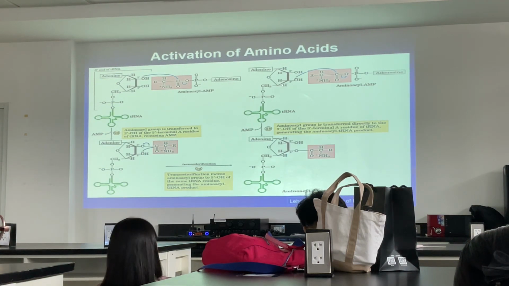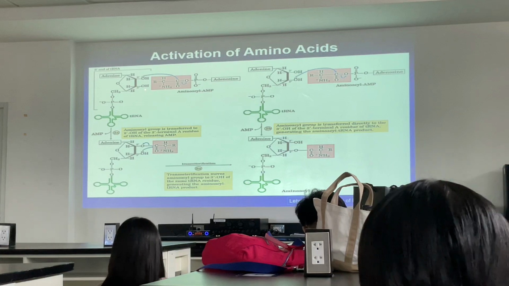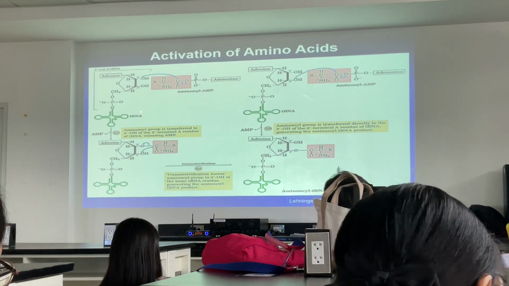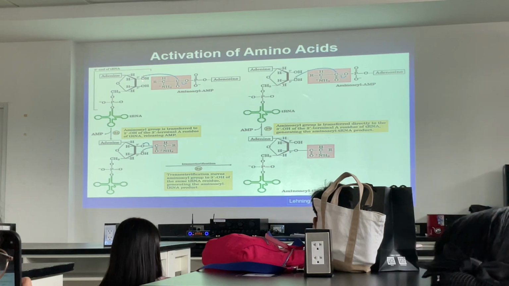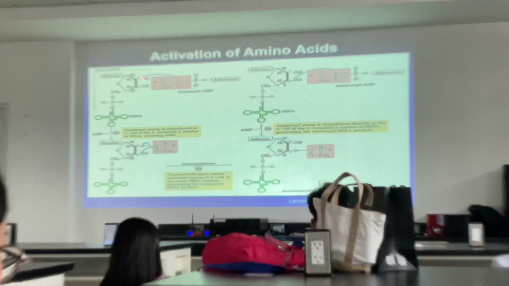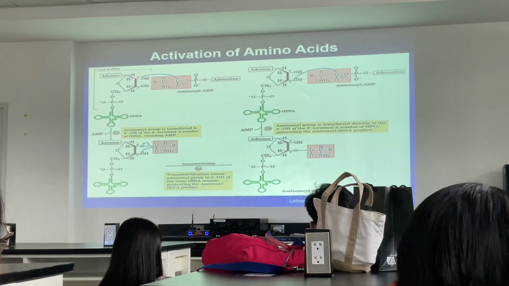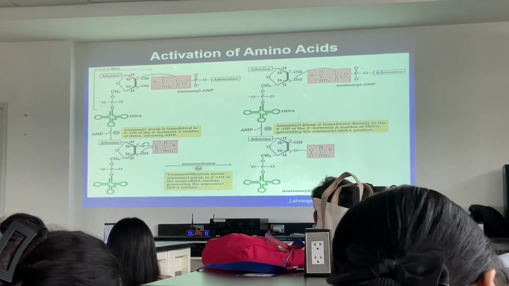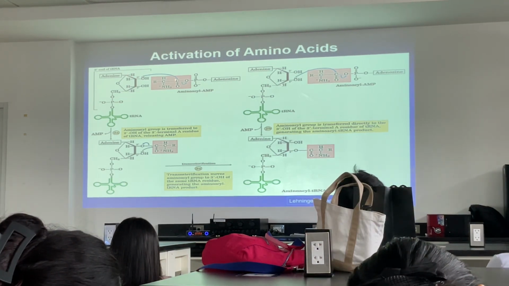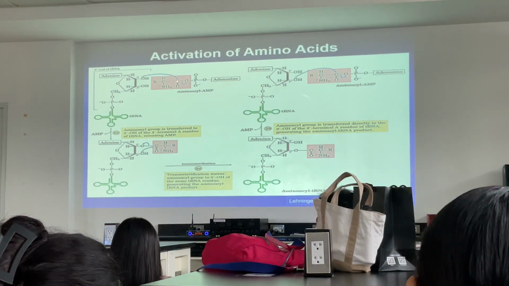There are two ways of attaching activated amino acids to their tRNA. One: the oxygen atom in the hydroxyl group on the second carbon atom of the ribose sugar will carry out a nucleophilic attack on this carbonyl carbon.